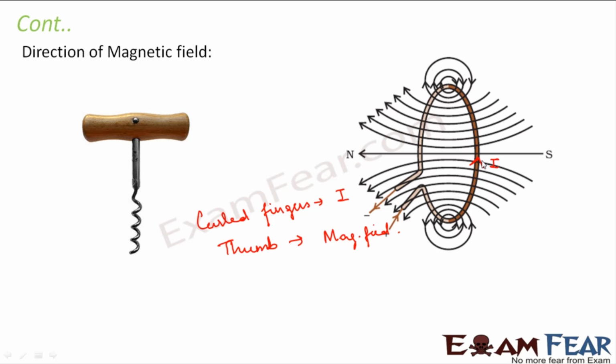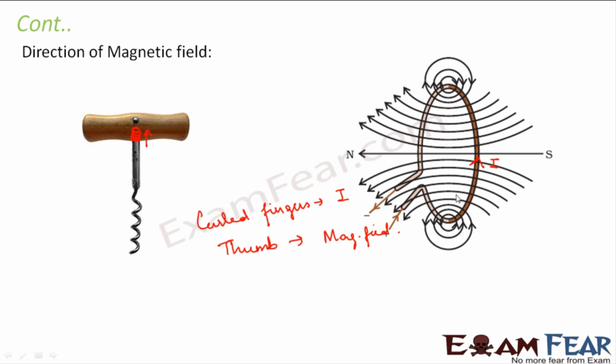Often this rule is known as corkscrew rule. What is corkscrew rule? Have you ever observed what happens when you screw up something? That screw, you actually move it like this when you try to screw it up. But your motion is in circular pattern, right? But the movement of the screw is in this direction.